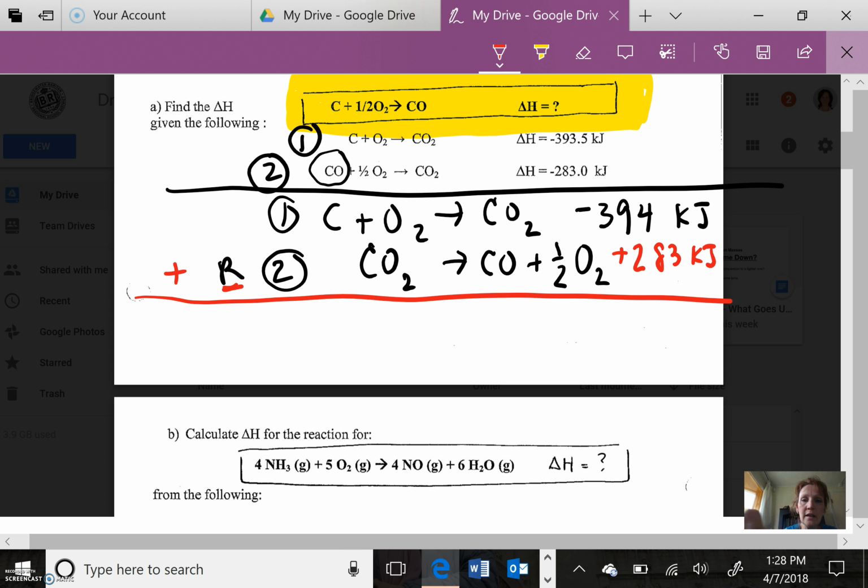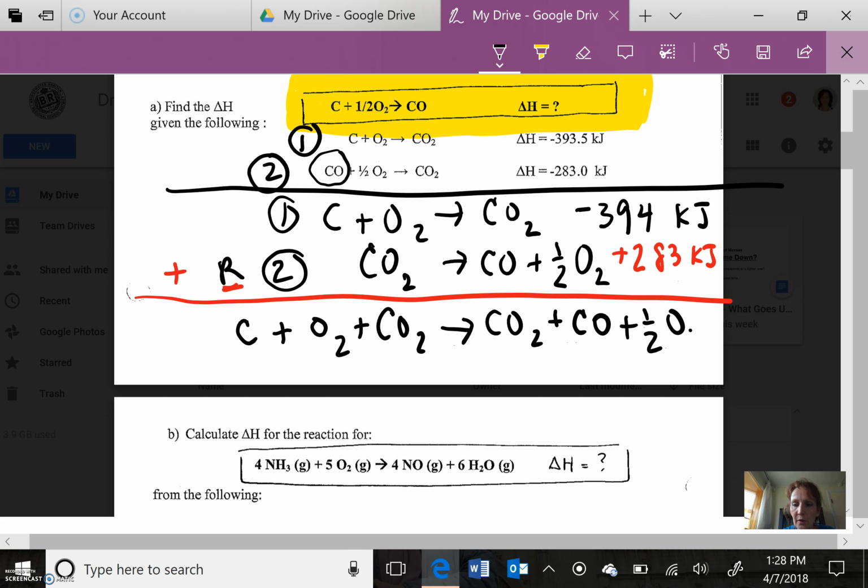So let's see. When I add these two together, always separate your reactants from your products with a yield sign. I now have carbon plus O2 plus carbon dioxide yields carbon dioxide plus carbon monoxide plus a half of O2.